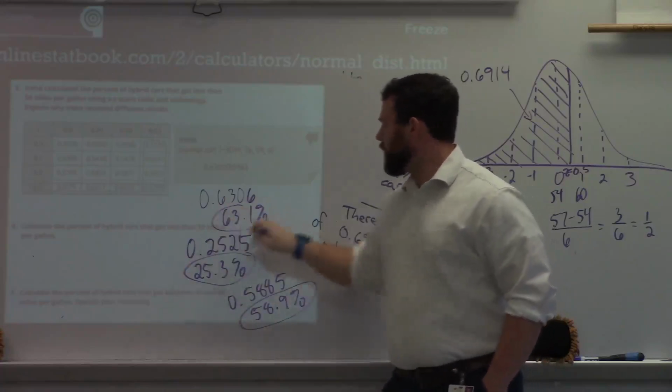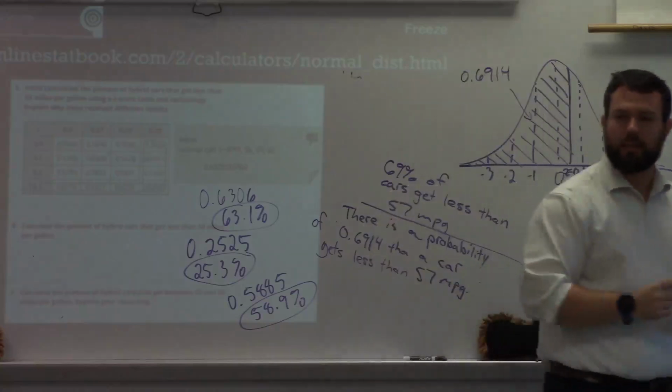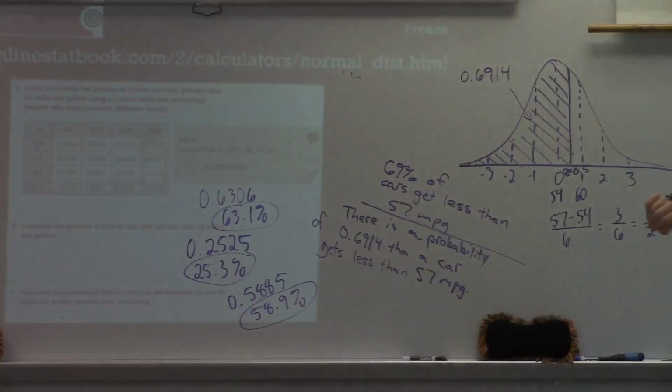So those are the answers. So you can check yourself, but again, that's the website that I would use. I think it's laid out pretty well. Because you put in your mean, you put in your standard deviation, put in your z-scores, much like you do on a Civic calculator. There's 5, 6, and 7.